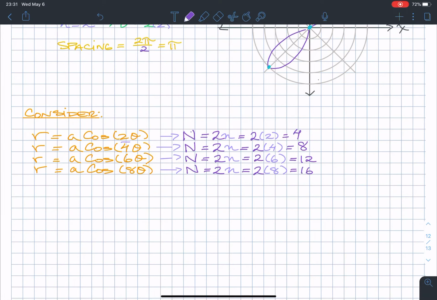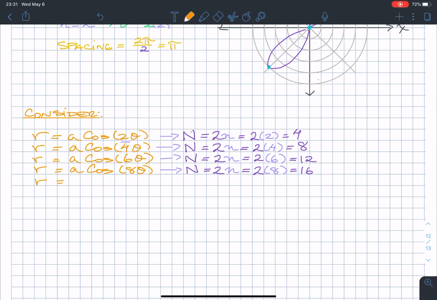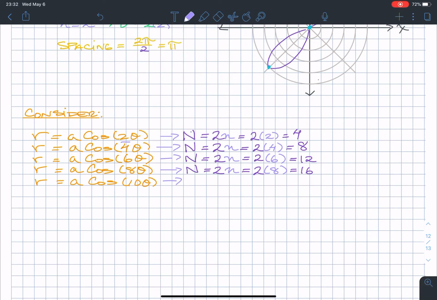And let's go for 10. So let's have r equals a cosine of 10 theta. This means that the number of petals will be 2 times little n, the coefficient of theta, so 2 times 10, or 20 petals. Okay, that should be sufficient.